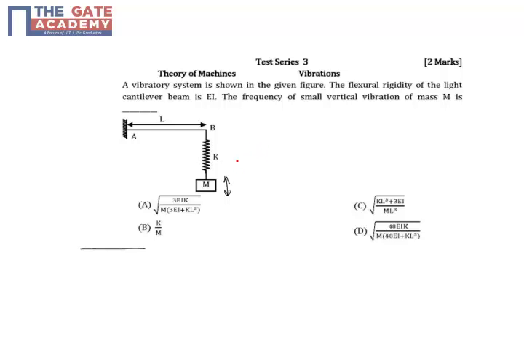Now here one thing you have to understand is that when you apply a load P on the mass, this load propagates through the spring, as well as the same load is applied at the cantilever end of the beam. So it's more or less the same. This load will act as a tensile load on the spring, and the spring will stretch, and the same load P gets applied at the end of the cantilever beam, and the beam will also deflect.